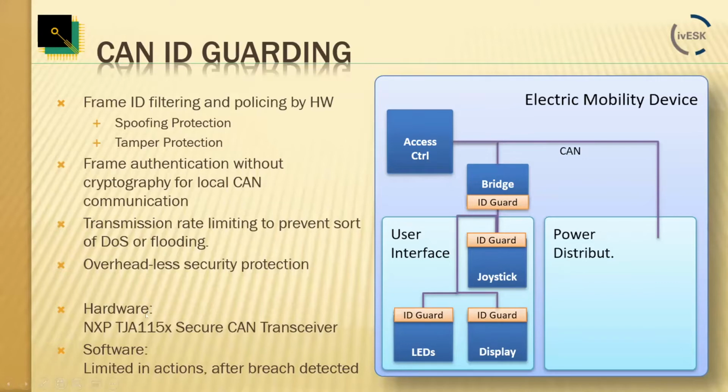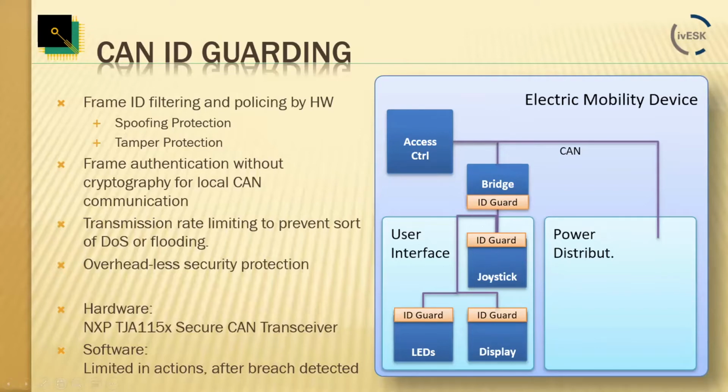And while they are on it, NXP implemented a few other things like transmission rate limiting. So imagine this joystick is turned into the attacker because maybe the joystick is taken over by an attacker. Then the ID guarding in hardware also ensures that CAN messages going out can only come at a certain transmission rate.